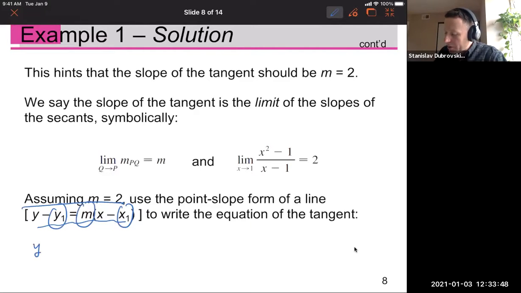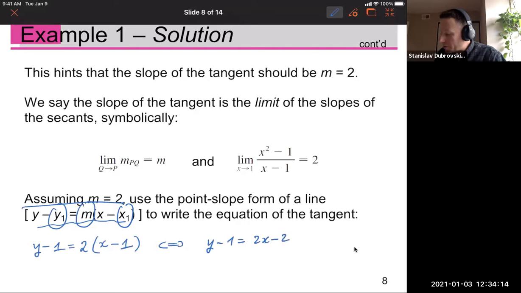Y and x, of course, are the running variables. So what do we fill in for all the missing data? The slope, we assume, is equal to 2, then y1 and x1 are coordinates of which point? Of the stationary point, the point P, which are 1 and 1. So if we simplify, that's equivalent to y minus 1 equals 2x minus 2, or y is equal to 2x, add 1 to both sides, you'll get this equation.